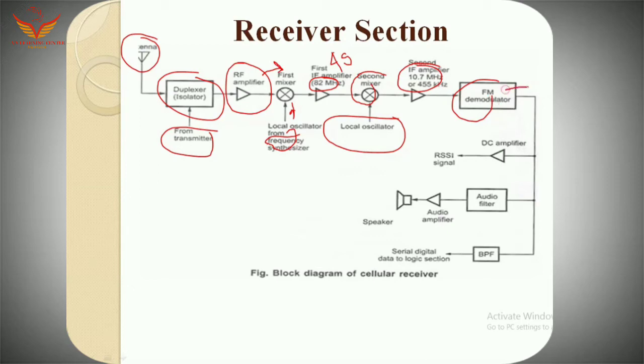After this step, there are three outputs: 1, 2 and 3. The demodulated voice signal is de-emphasized, filtered, amplified and then applied to the loudspeaker for sound production.